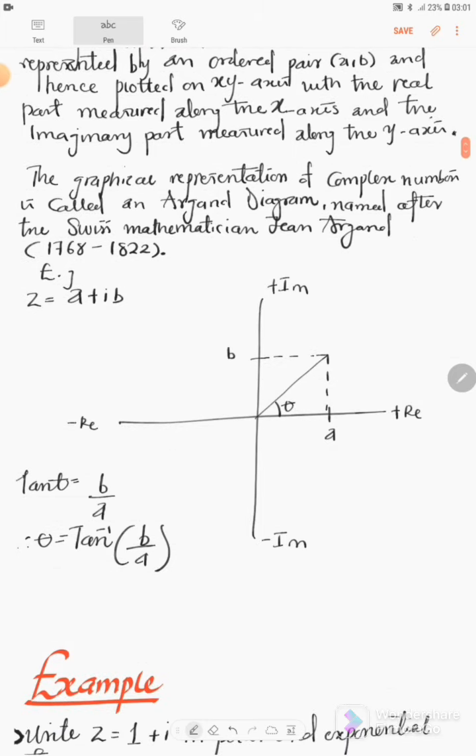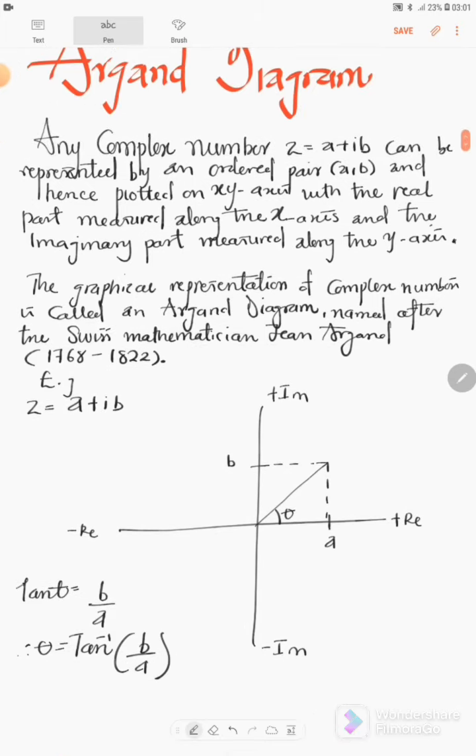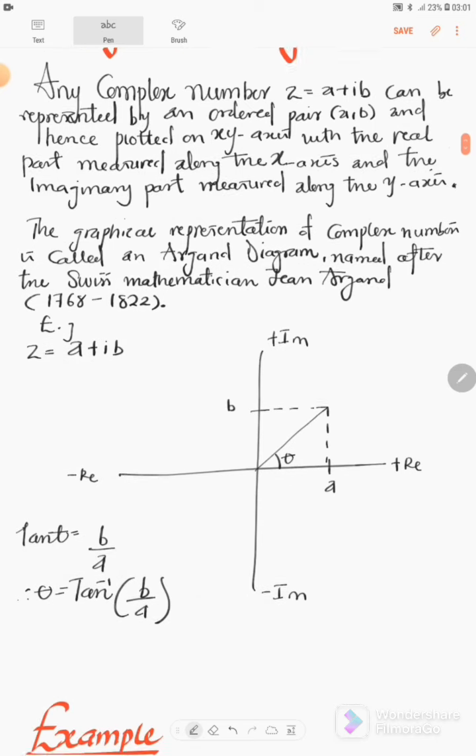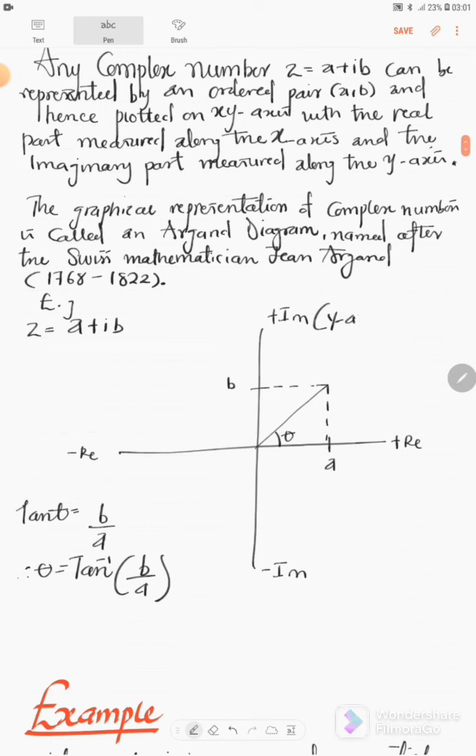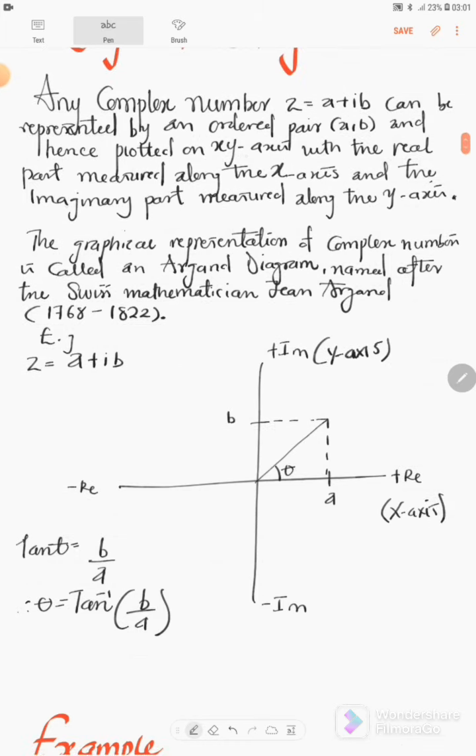An example of an Argand diagram sketch is what we have here. z equals a plus ib. As they've said here, the imaginary part is plotted on the y-axis. This is the y-axis. This is the x-axis.